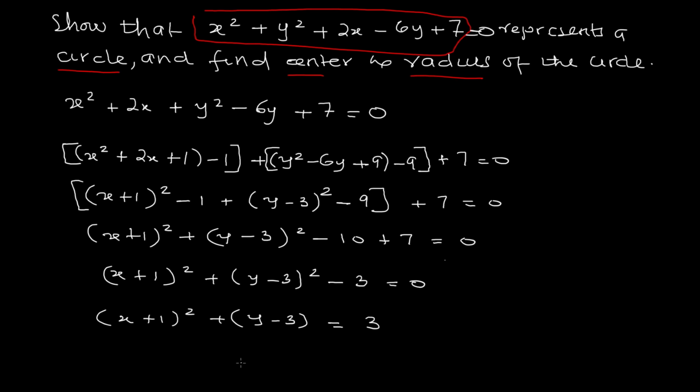Now, remember now that our equation, the general format of our equation is x minus h, like that, squared plus y minus k squared equal to r squared.